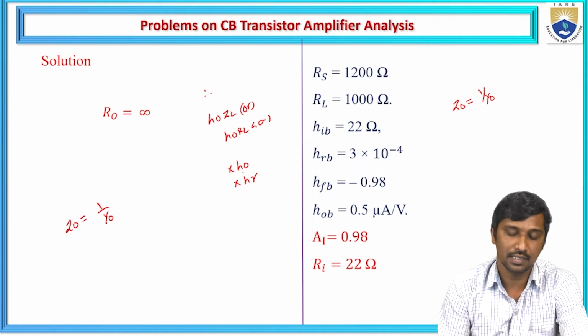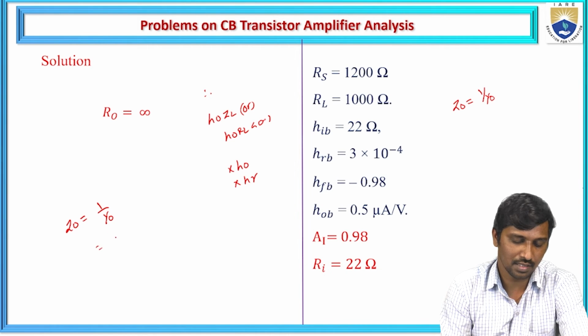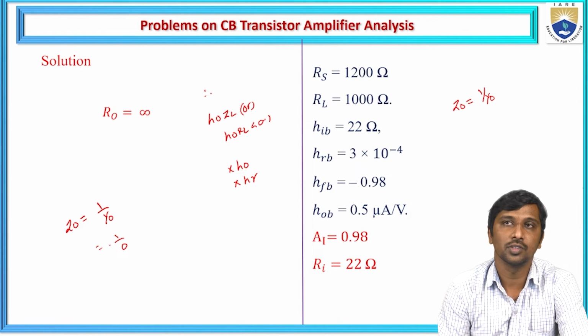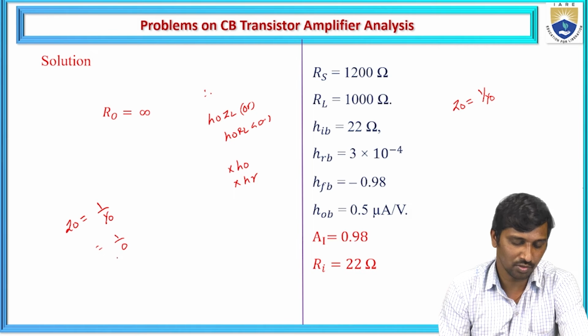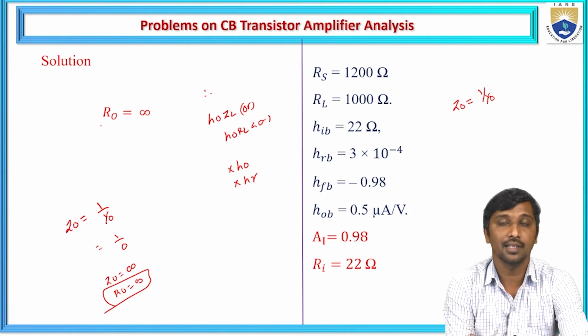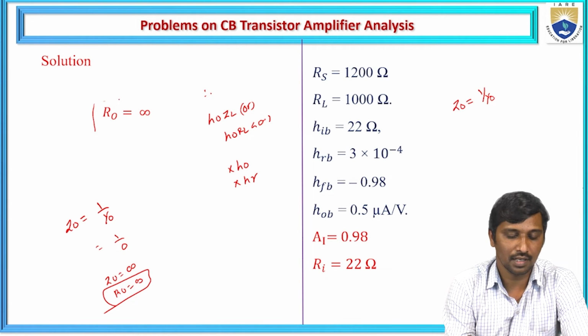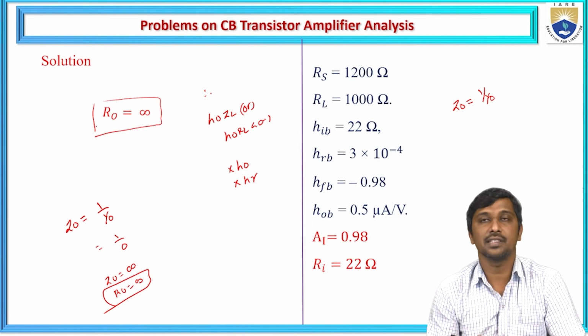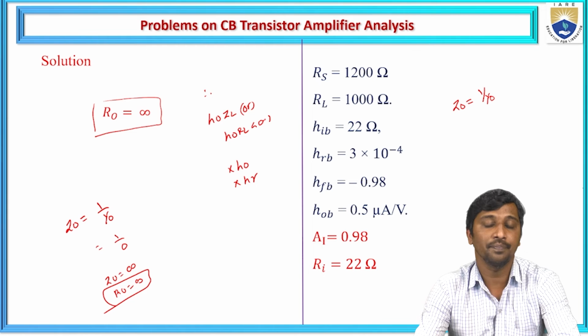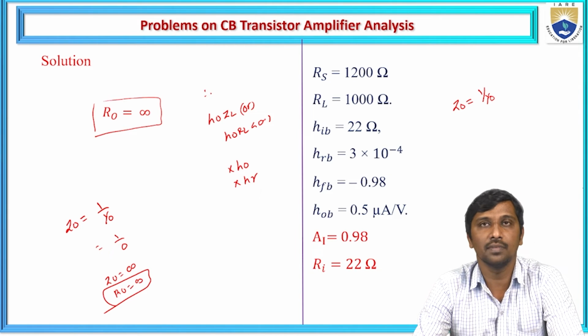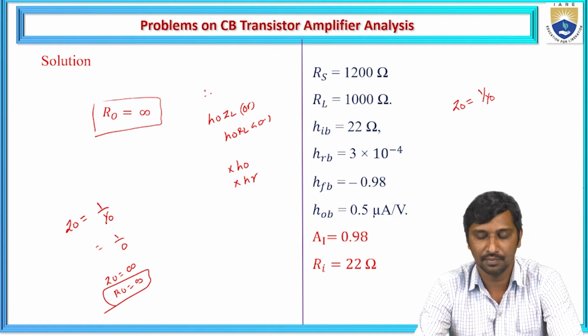Here we neglected this admittance, meaning admittance is 0, a very small value. So 1 by 0 means Z0 is R0, which is an infinite value. Hence in approximate analysis, R0 indicates that we need to offer very maximum output impedance for this common base transistor amplifier.